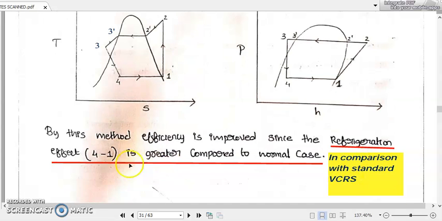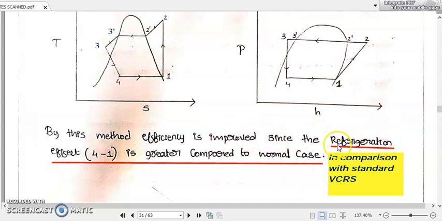So what is the specialty of this method? Why are we discussing this method? If you have observed here, the refrigeration effect is nothing but the 4 to 1 process, or in the PH diagram, H1 minus H4. This value will be improved by using this method. The efficiency or the COP will be improved.